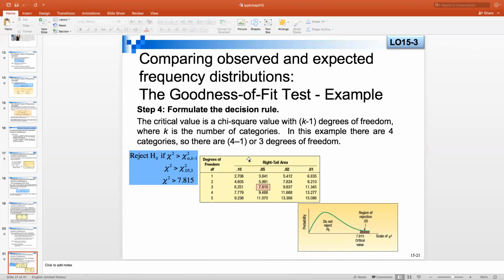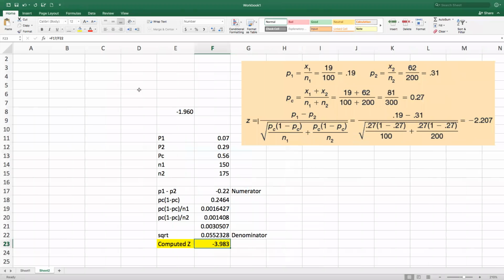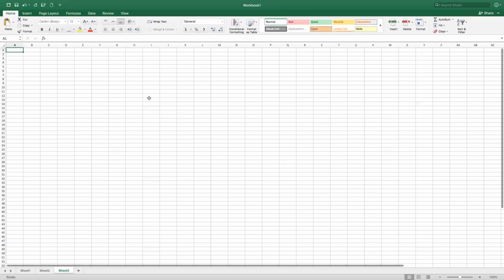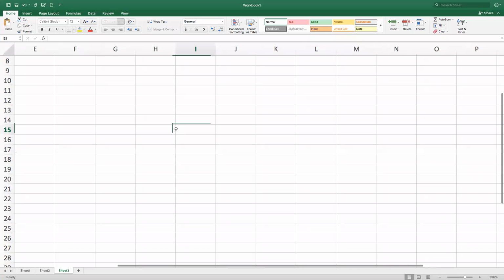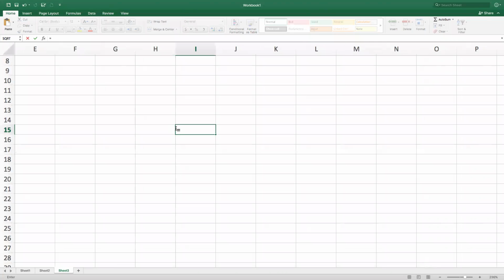So if you look in the table, you will get 7.815, or you could compute this using Excel, and our function here is going to be equals CHISQ.INV.RT.